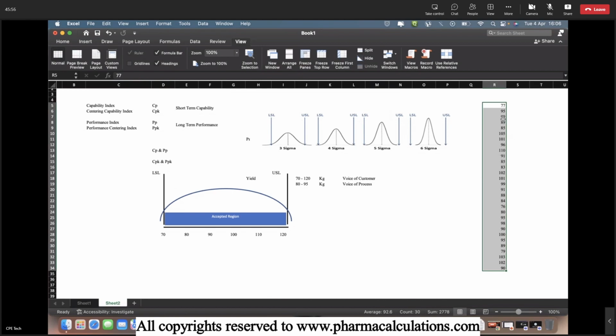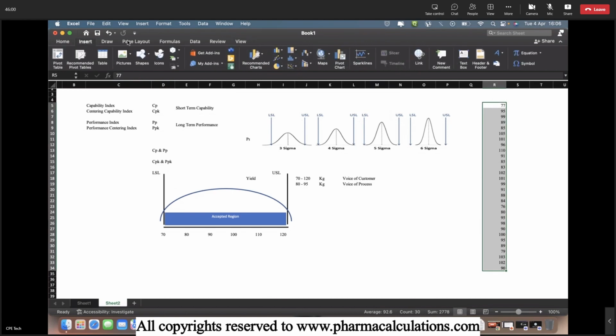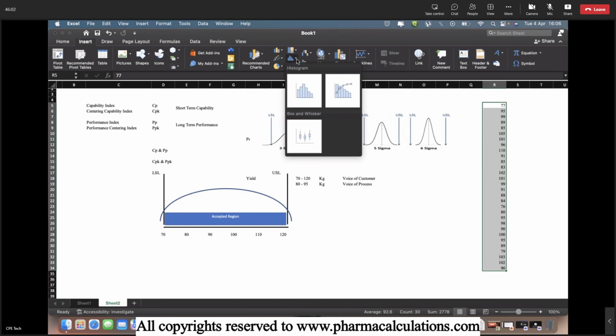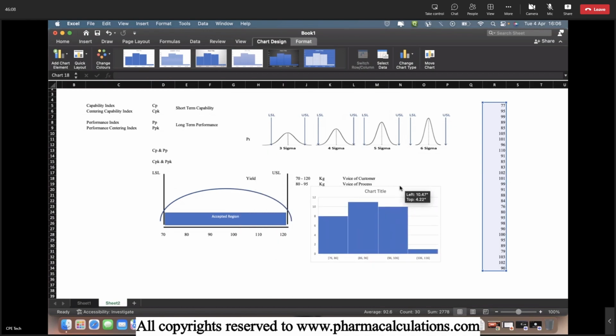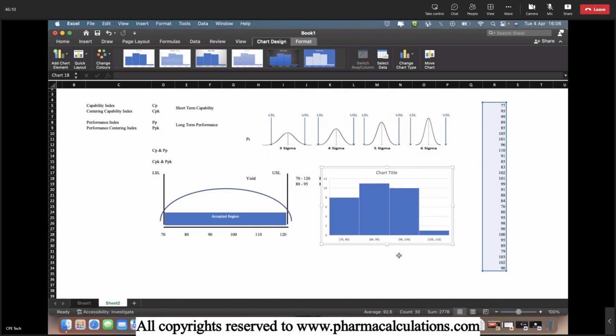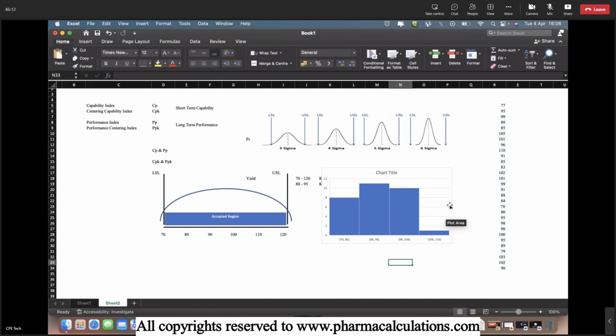Okay, and now let's see how to plot a histogram from here. Get into this, and here you got a histogram. Just click on this, and automatically the data will be selected and you will get a chart. So this is how a histogram looks.